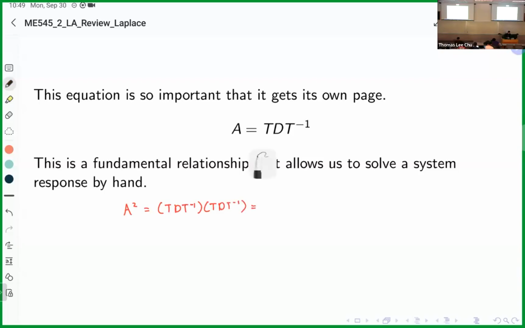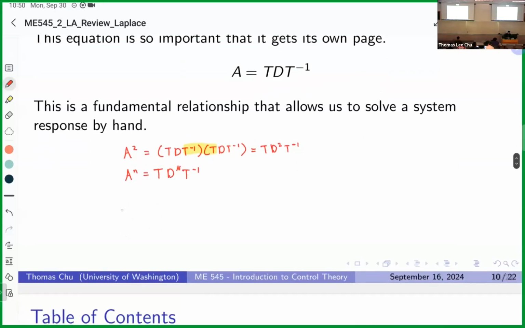So these two matrices, T inverse and T, cancel each other out, and you get T D squared T inverse. If I take this to the nth power, it's going to be T times D to the nth power times T inverse, where D is equal to lambda 1 all the way to lambda n with zeros in the off diagonals.